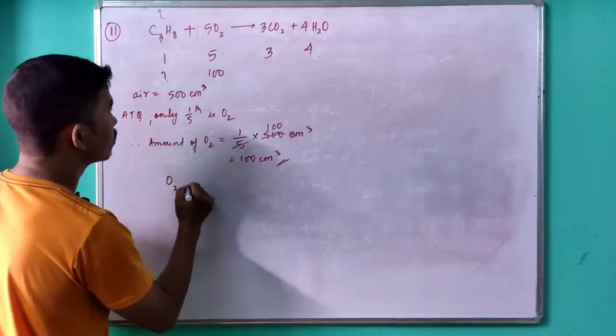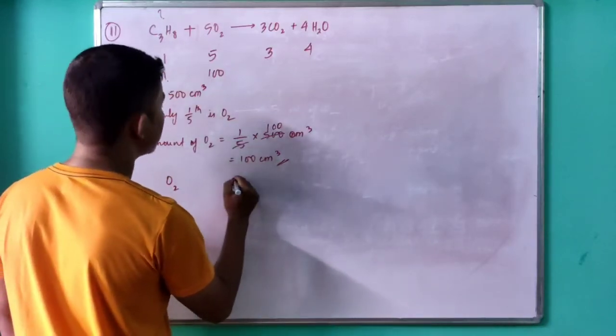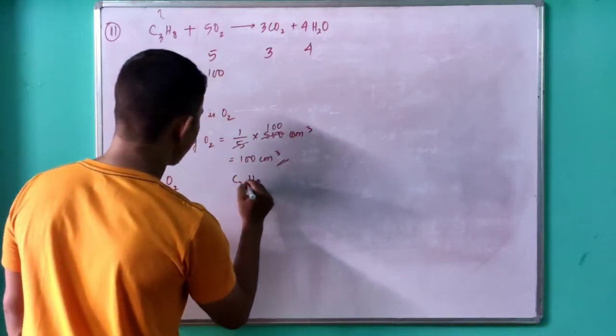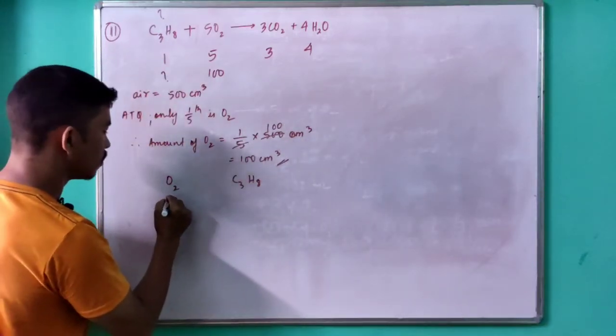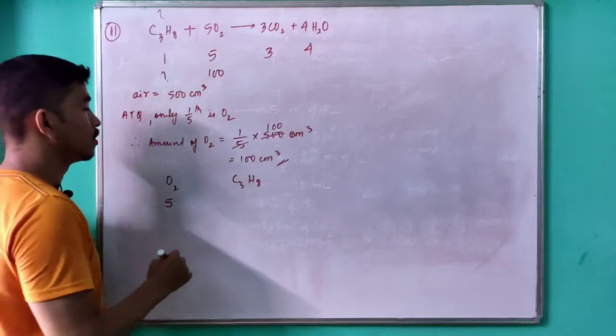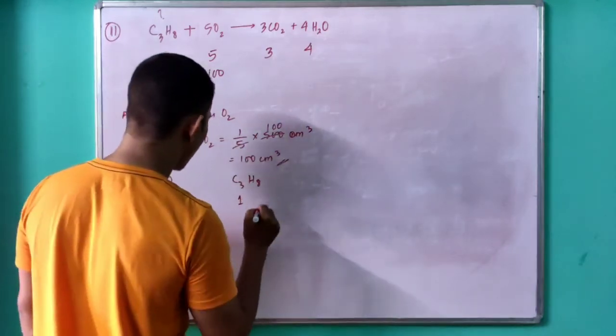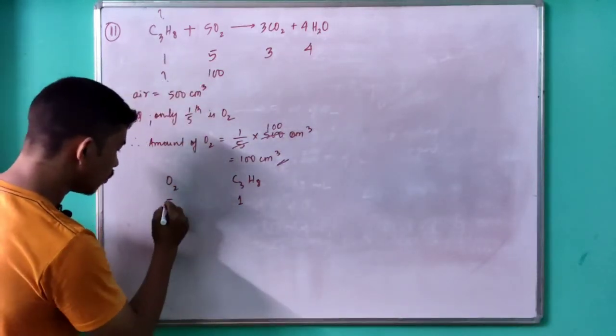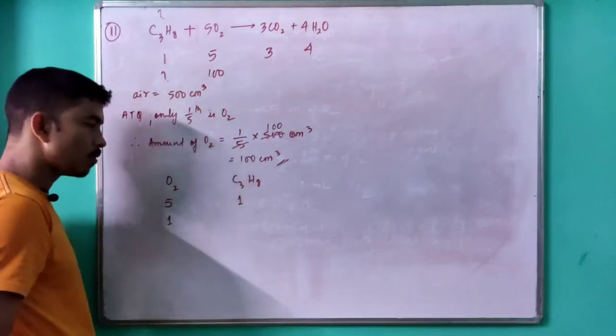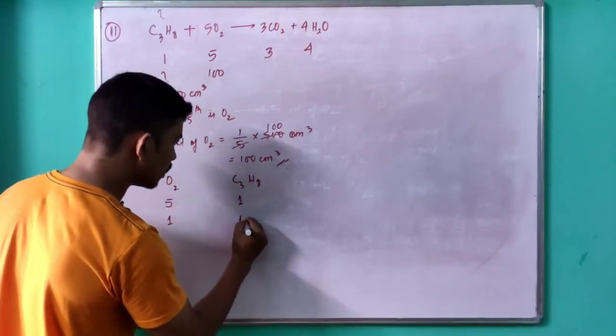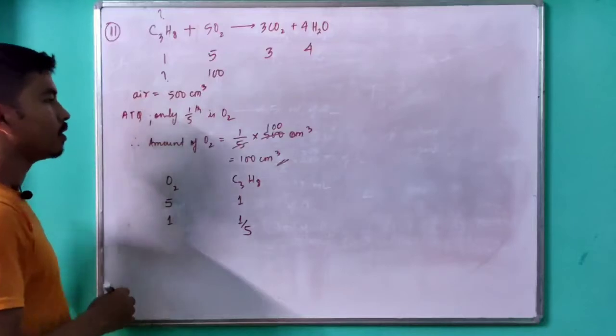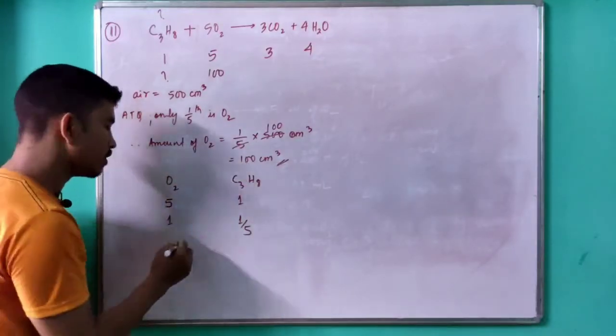So oxygen here, and then I'll write the propane C3H8. When the oxygen used was 5 volume, the propane used was 1 volume. So therefore when the oxygen used will be 1 volume, what will be the propane used? It will be 1 divided by 5. Now according to the question, the amount of oxygen is 100.